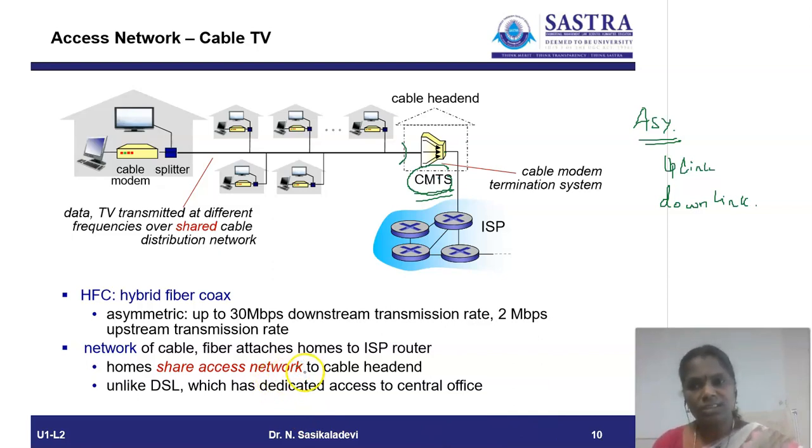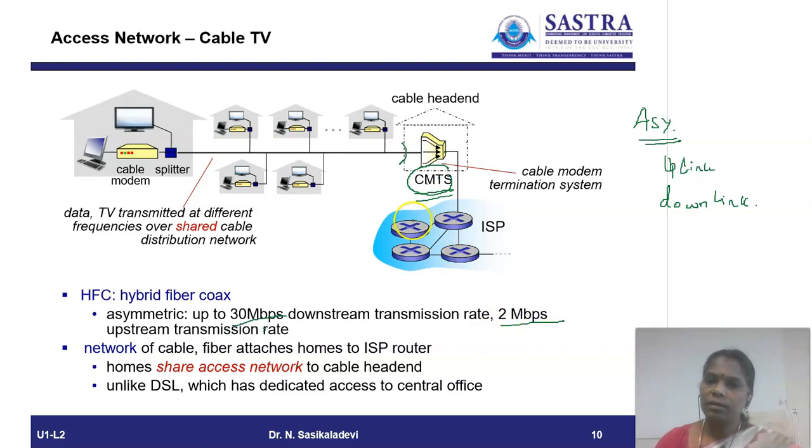Television also requires downstream data, but this is not true with DSL. Television requires all the channels to be distributed to all the homes. So the downlink is a combined downlink for television as well as computer, television as well as digital devices, and 2 Mbps uplink.